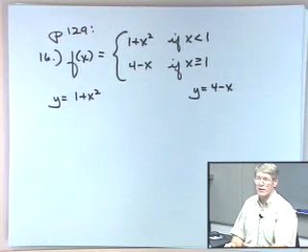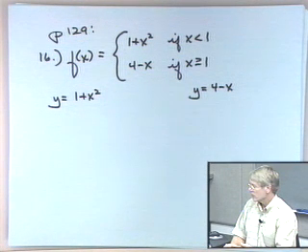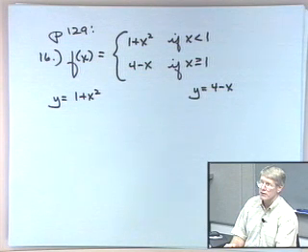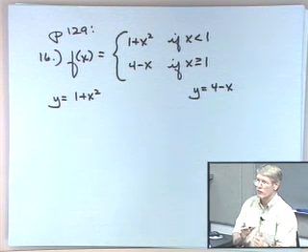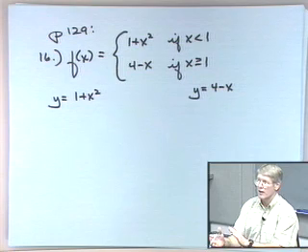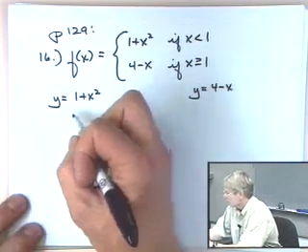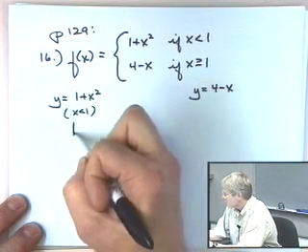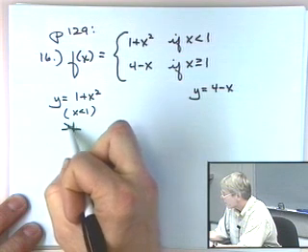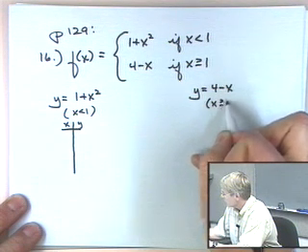So when you write that down, do you see that we're going to graph a piece of a parabola and a piece of a line? Is that what you see? Okay, and that transition point where it stops being a parabola and starts being a line, or vice versa, is x equals 1. So the first line, x has to be less than 1. And the second line, x can be greater than or equal to 1.